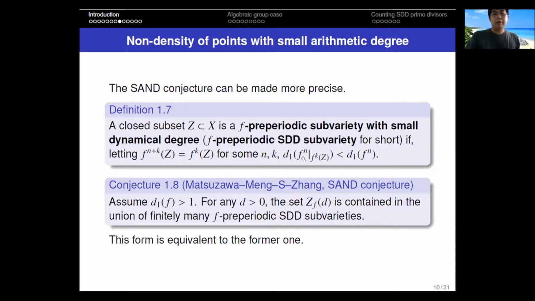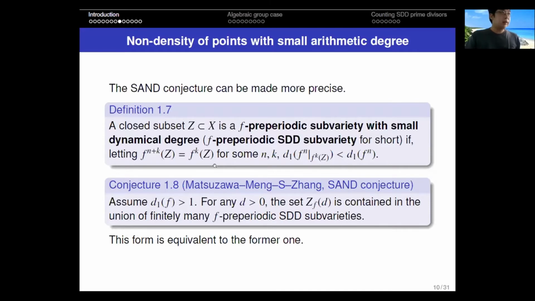So f^n can be restricted to f^k(Z), and we can consider the dynamical degree. Then this dynamical degree is strictly smaller than the dynamical degree of the ambient dynamical system. This is the definition.